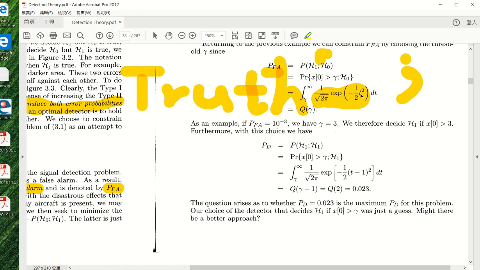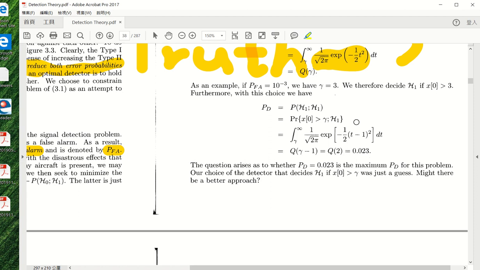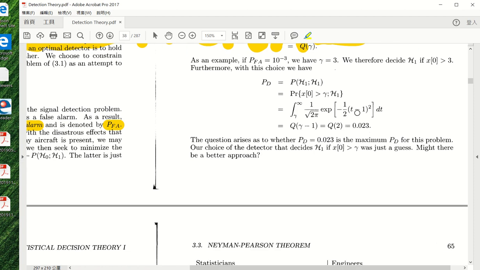Remember that this calculation is a Gaussian distribution with zero mean. This is a Gaussian distribution with mean equal to 1, right? As a result, you are integrating a Gaussian distribution with mean equal to 1. And then it becomes Q of gamma minus 1, which is equal to this.